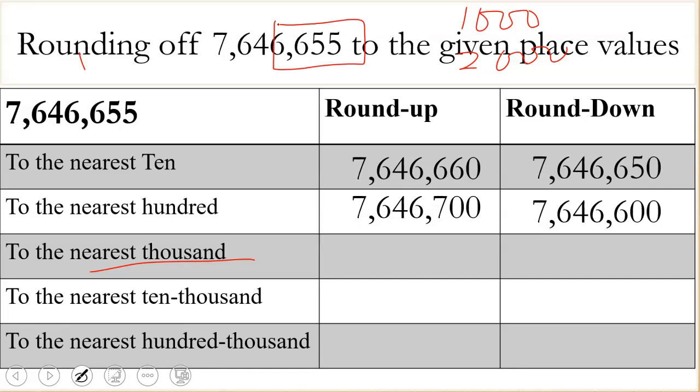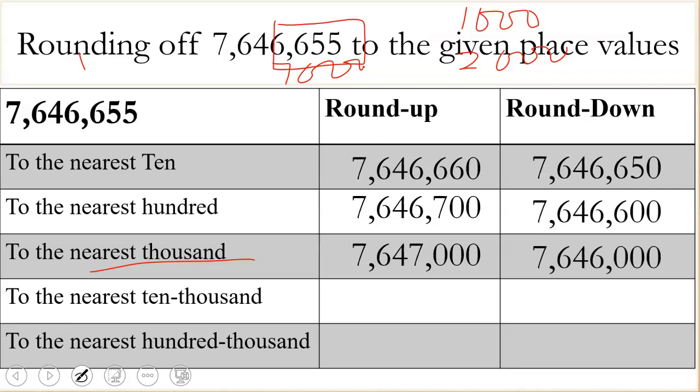So to the nearest thousands, and we are going up, then it means this must go to 7,000. Okay, and when we are coming down, it will come down as 6,000. So our answer becomes 7,647,000, or going down will be 7,646,000. I hope it's clear.